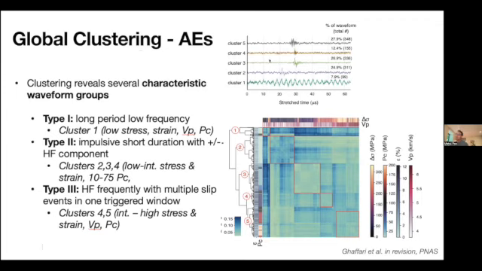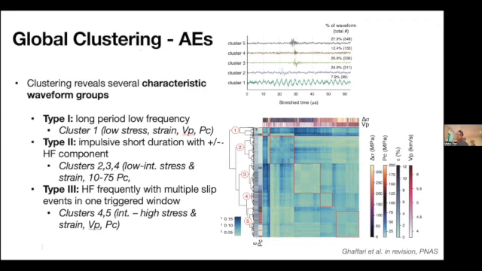We call these 2, 3, and 4 events the type 2 events because they have many similarities: a very abrupt onset and not too long a waveform. We call these long duration, low frequency events type 1 clusters, which are typical for a low stress, low strain, and low VP and confining pressure.